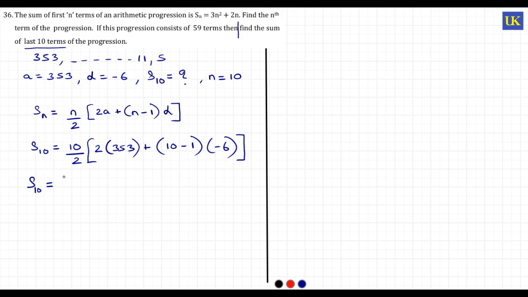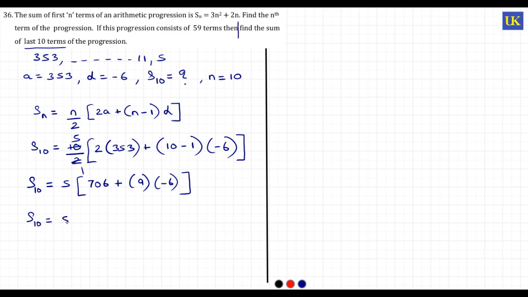So 10 divided by 2 is 5. 2 into 353 is 706, plus 9 into minus 6. We'll put the bracket here.